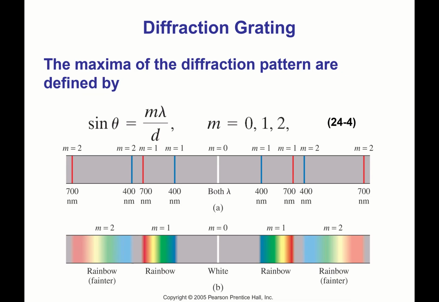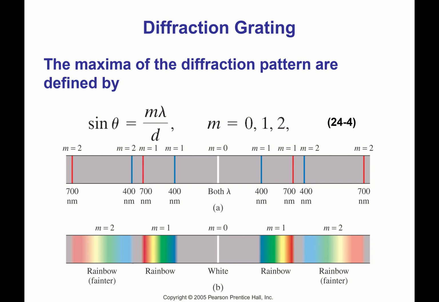So here's a picture showing some diffraction grating pictures. In figure A, you have white light, a combination of red and blue light, at the center for m equals 0 because they both get diffracted to the same position there.